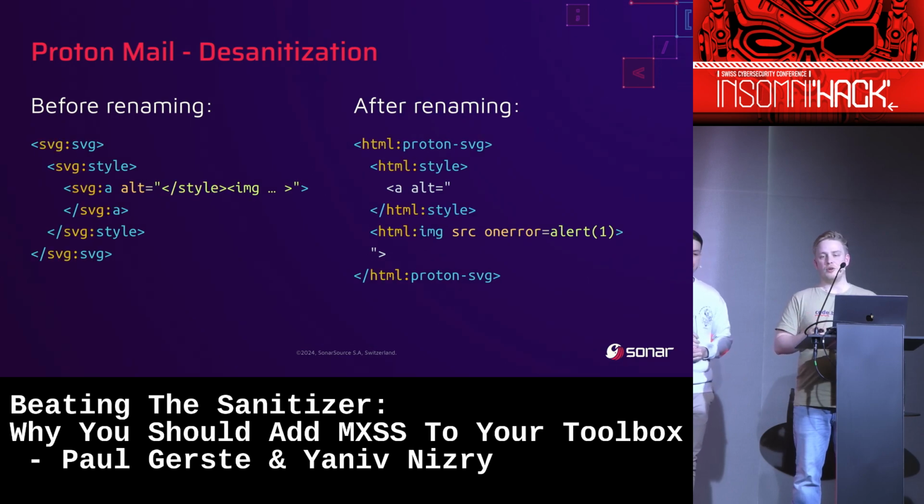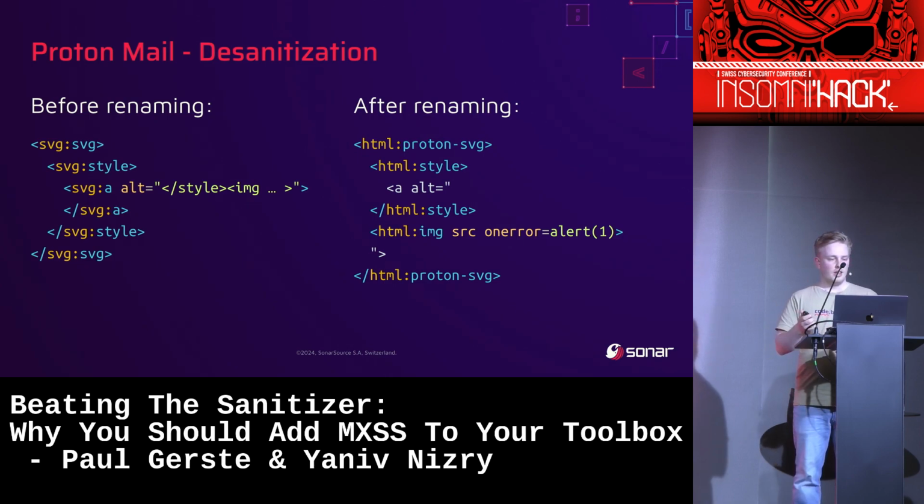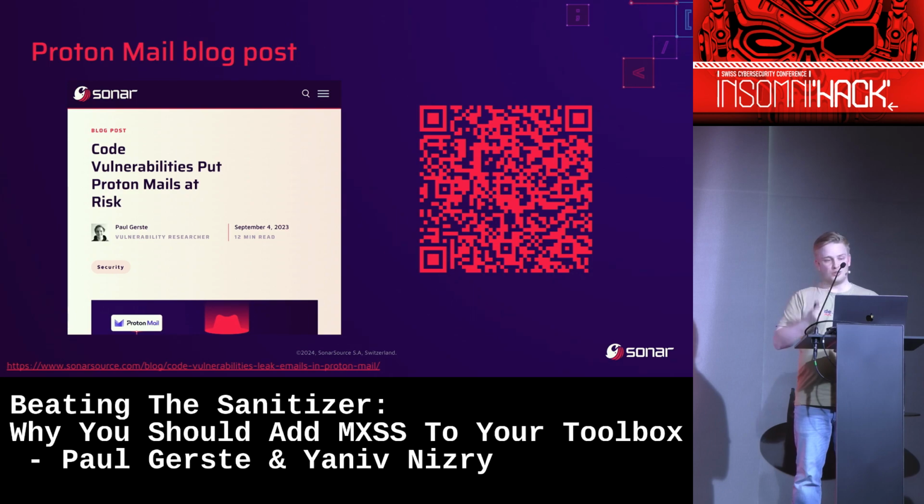And of course, that is because renaming the element again changed the namespace, and then the reparsing later triggered the parsing differential, or the desanitization. And this only started a long journey of exploitation beyond that. You can also read a whole blog post or watch a talk about that.